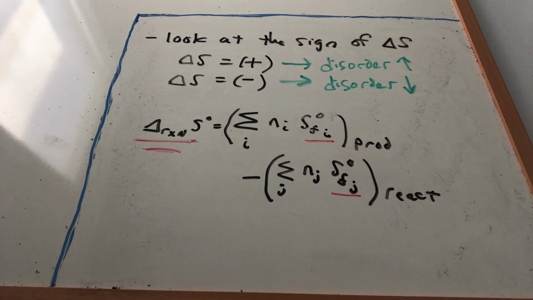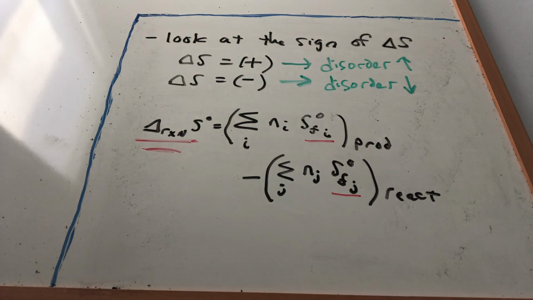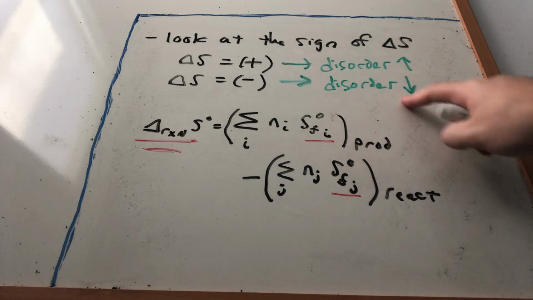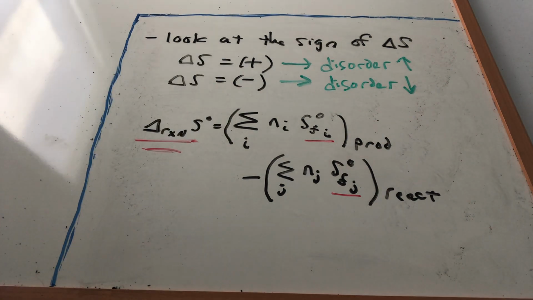Again, nothing about spontaneity, nothing about whether it'll happen or not. But if it does happen, the reaction is going to increase disorder if your delta S is positive, and the reaction is going to decrease disorder of your system if delta S is negative.